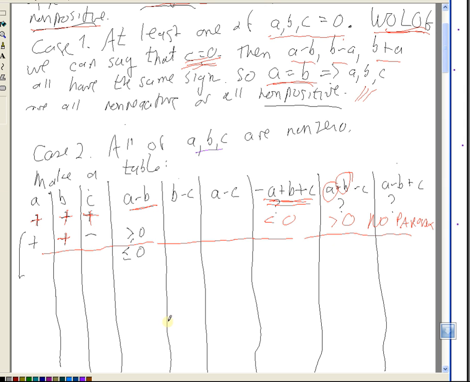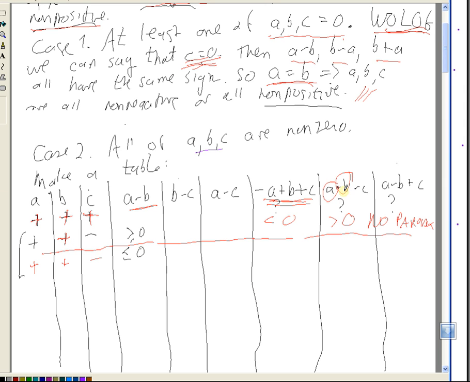And as I said, we could use this. All right, so let me cover the other case also. The case where A and B are positive and C is negative, and A minus B is less than or equal to 0. In this case, what about the signs of these? Well, I'm going to skip this one for a moment. What's the sign of A plus B minus C? This is plus, plus, and minus. I have the same argument as before.